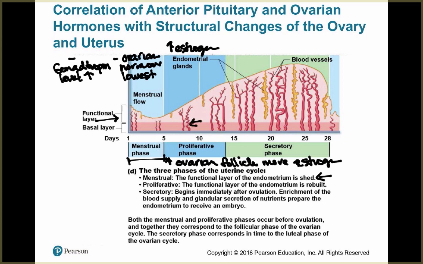If you can see right here, you can see that the spiral arteries are going to start increasing in number. Now there's normally kind of this thick, sticky cervical mucus, and during this time, it's going to thin out to help facilitate sperm movement in here. And ovulation is going to happen at the end of the proliferative phase.